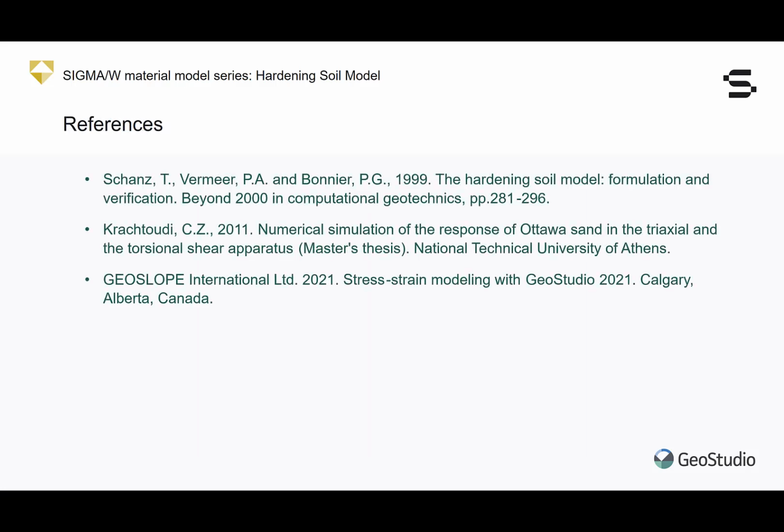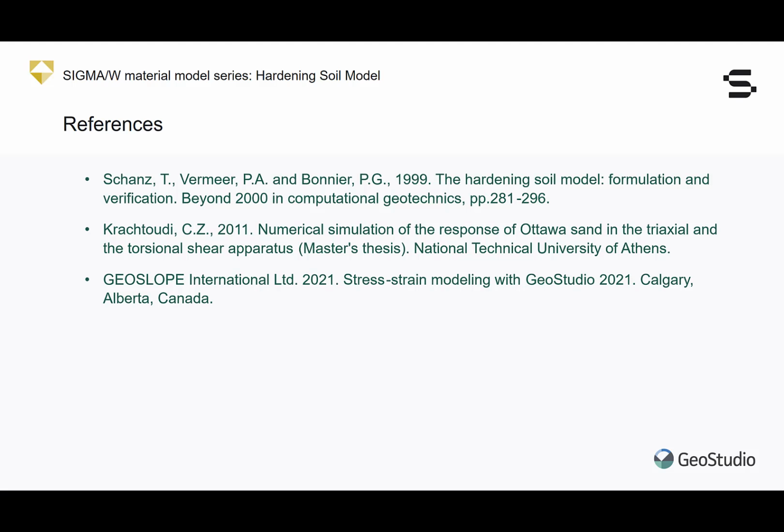During the presentation, I referenced these top 2 articles, Schanz, Vermeer, and Bonnier. That's the original model formulation. I also want to remind you that you can consult our Stress-Strain Modeling with GeoStudio 2021 reference book to understand the details of the formulation. And then this is the paper that comprises the laboratory tests on the Ottawa sand.